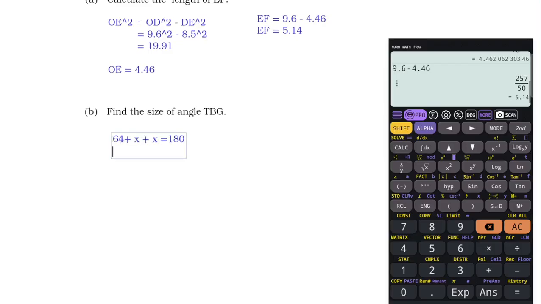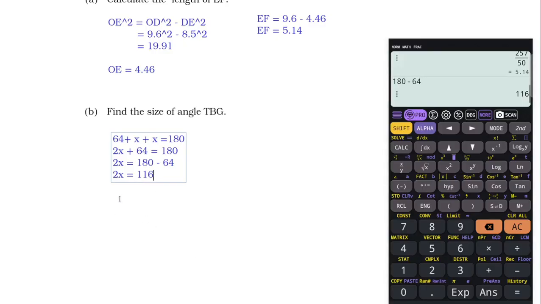Now subtracting 64 from both sides, you will have 2x equal to 180 minus 64, and 180 degrees minus 64 is equal to 116.